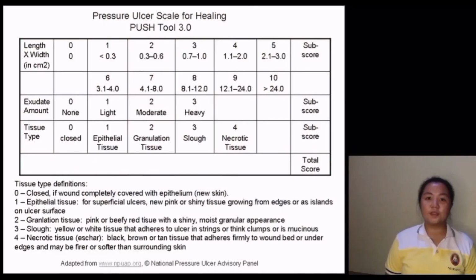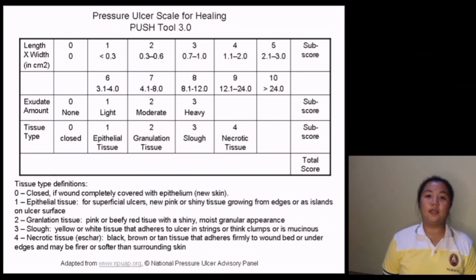tissue type refers to the different types of tissues found in the wound bed or the ulcer. If there's any necrotic tissue present, give it a 4 on the scale. And 4 is known for eschar or necrotic tissue, which appears black, brown, or tan and adheres firmly to the wound bed or ulcer margins and may be stiffer or softer than the surrounding skin.